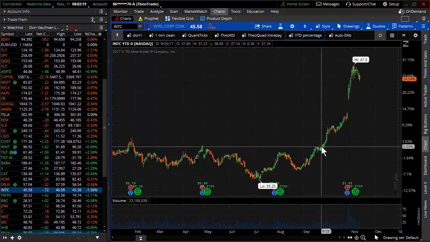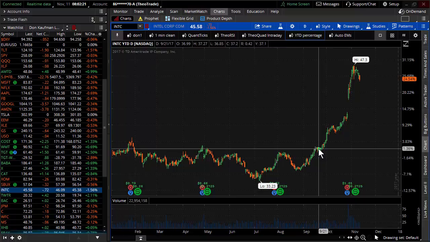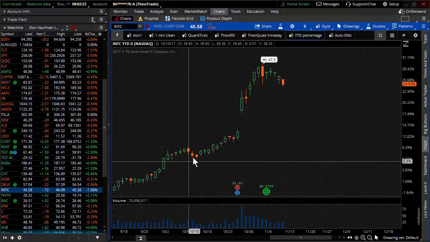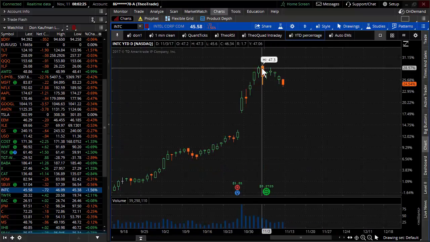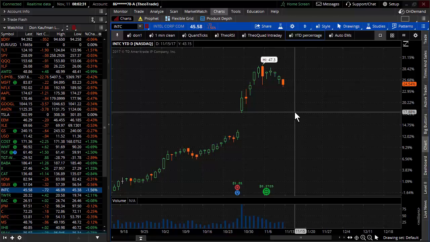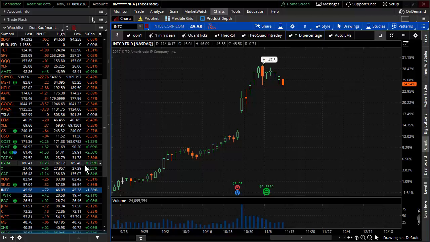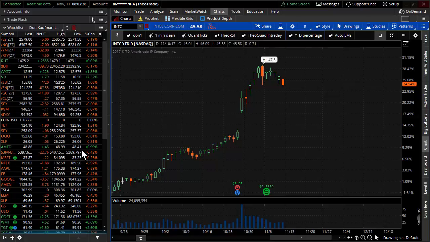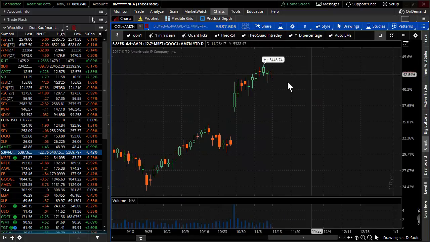Even if you want to put it over here, this is where it was flat on the year. And we're talking literally a few weeks, and the underlying is up 30% inside of a few weeks. If Intel starts to fall, the market cap is large enough to start to hurt the Nasdaq. And that's just one individual underlying. Obviously, you can also look at the conglomerate over here, but Intel is kind of the poster child for that last rally.